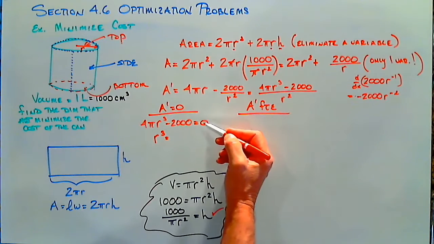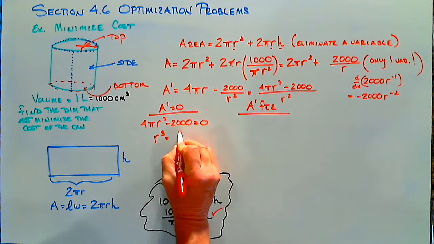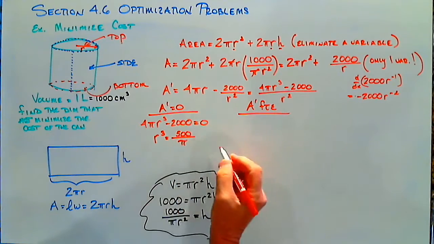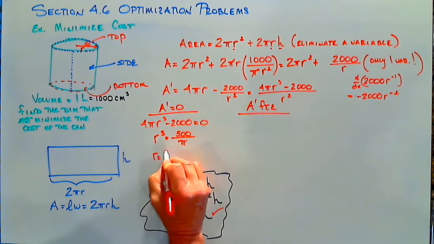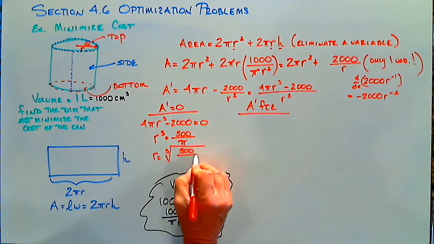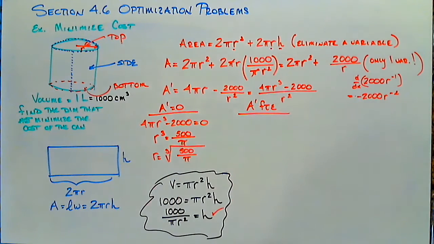Then we divided by 4, it became positive 500, and then we divided by pi, and so we got 500 divided by pi. And so r is equal to the cube root of 500 over pi. Not the best answer, but it's an application problem. In the real world, we would just grab a calculator, work that out, we would be able to tell the manufacturing plant, this is what we want the radius for our can to be to minimize cost.